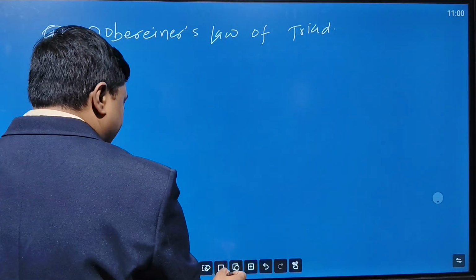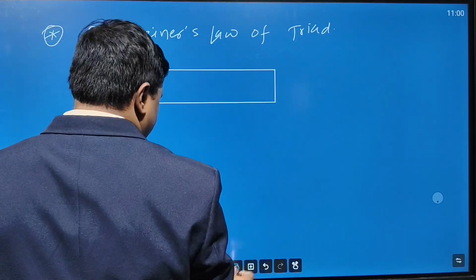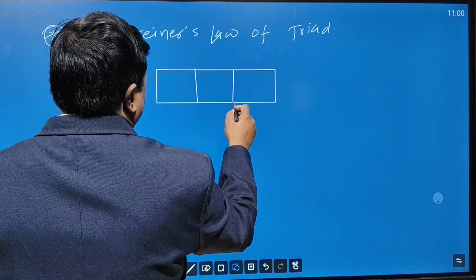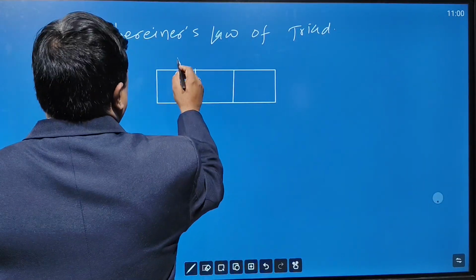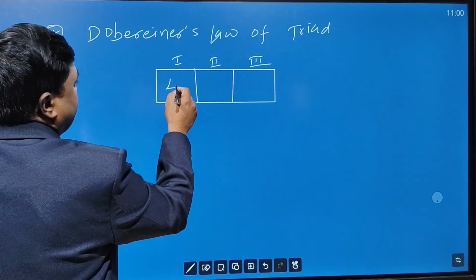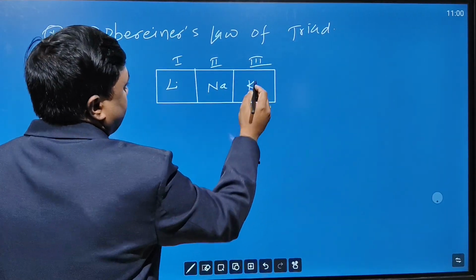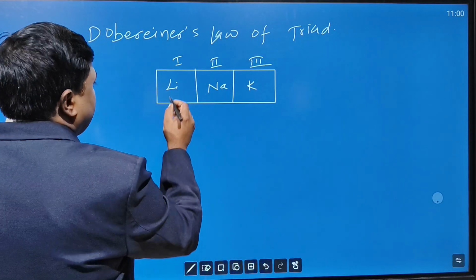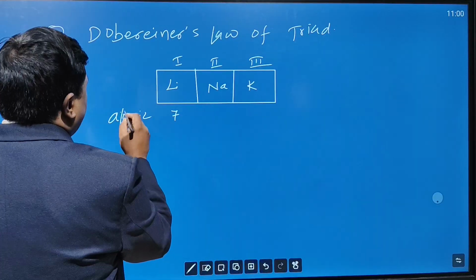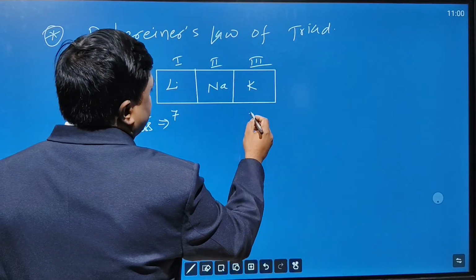He made triads, in which three elements were present. For example, you can see lithium, sodium, and potassium in order of increasing atomic mass. The atomic mass of lithium is 7, whereas potassium is 39.